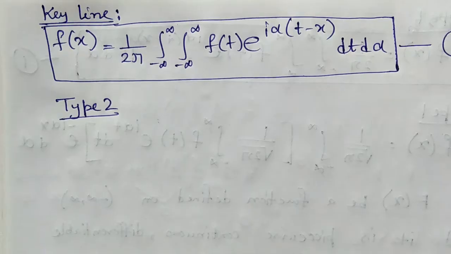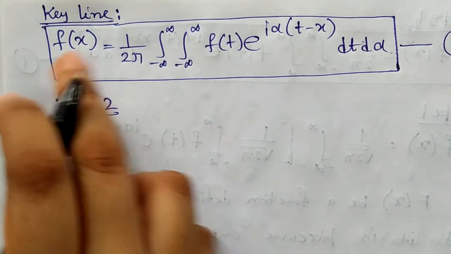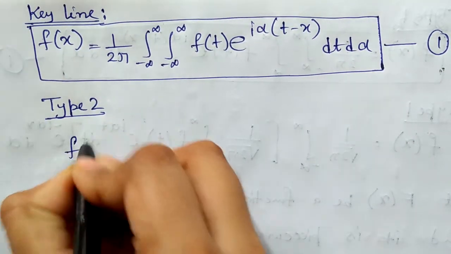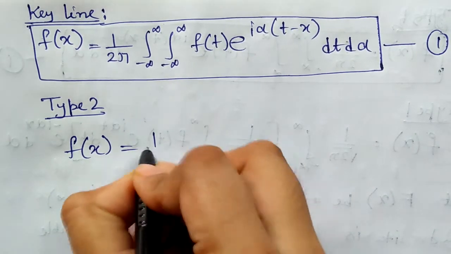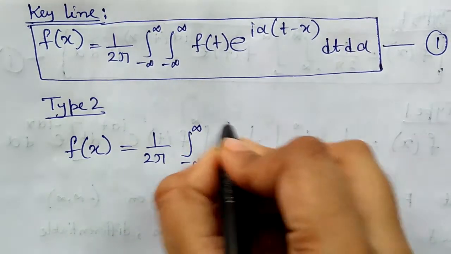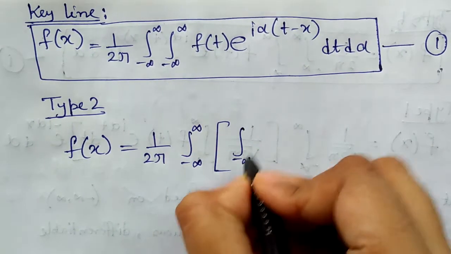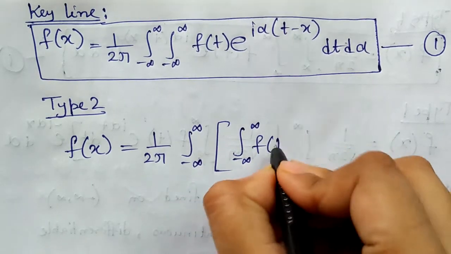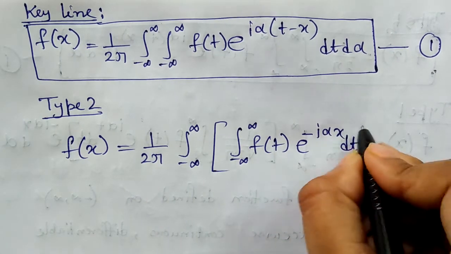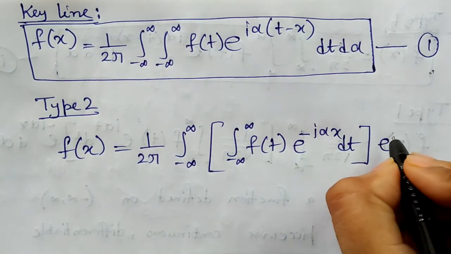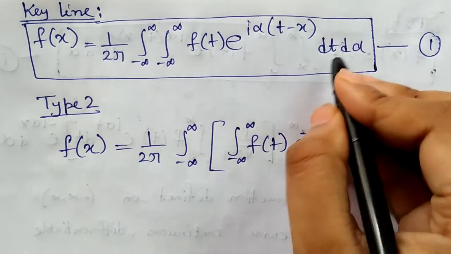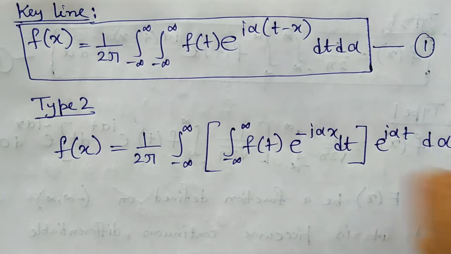Now for type 2, again I have written this key line. Then just rearrange it. So I write F(x) equals 1 by 2 pi integration minus infinity to infinity, then within bracket minus infinity to infinity f(t) e to the power minus i alpha x dt, and the outside part will be e to the power i alpha t, and the remaining is d alpha.